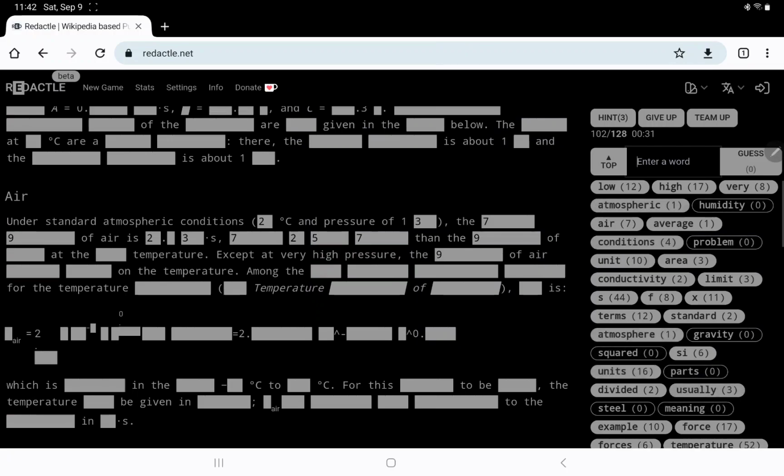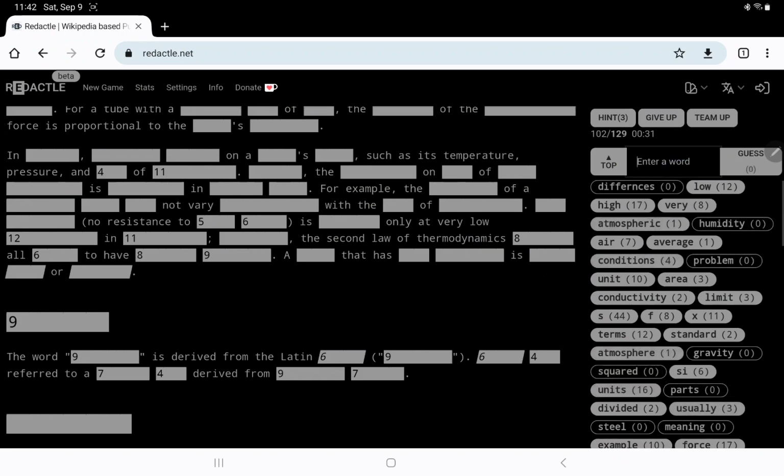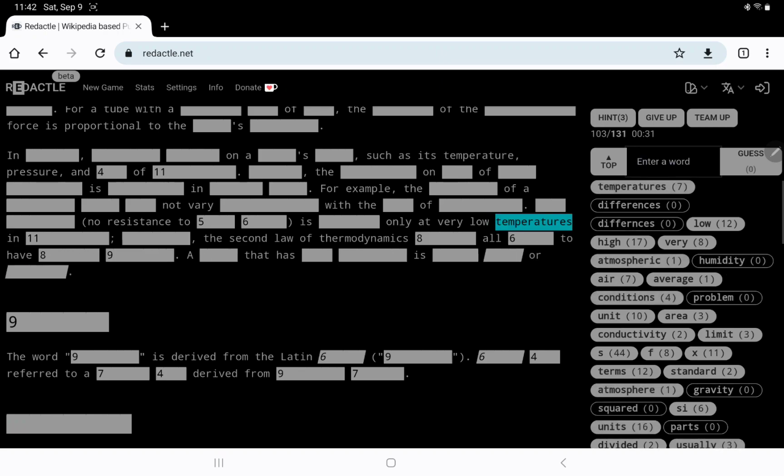Let's do low. Very low. Differences. Oh, no. Temperatures, plural. Yeah. Is observed.